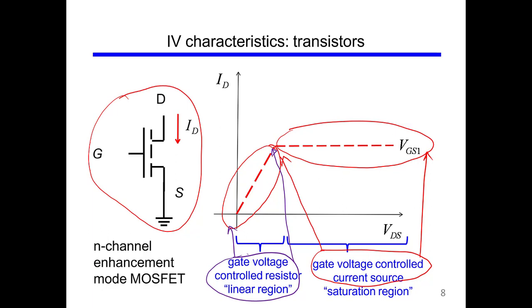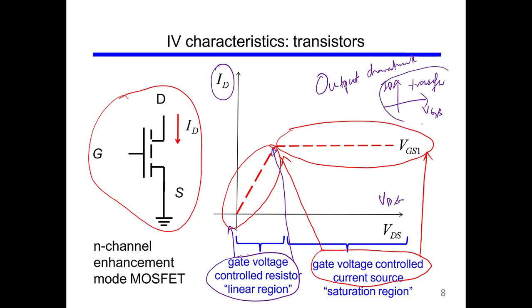You see we have VDS on the x-axis and ID on the y-axis, so we will call this curve our output characteristic. Remember that when we have VGS on the x-axis and ID on the y-axis, that was called transfer characteristic.